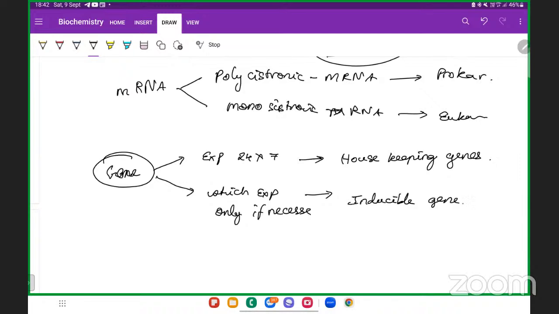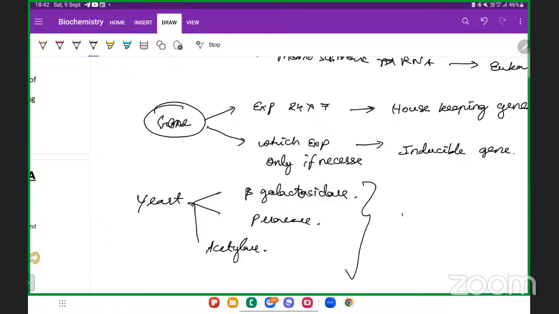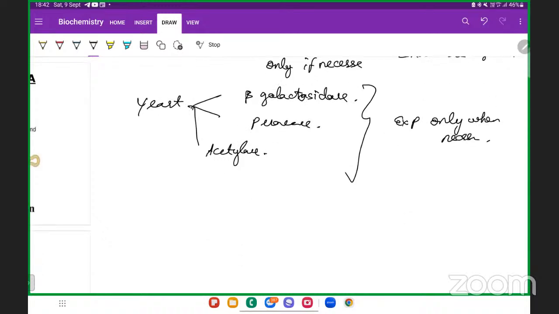For example, you have your yeast. In yeast there are three enzymes: beta galactosidase, permease and acetylase. These three genes will be expressing only when necessary, so they are called expressive or inducible genes. Now, when will the yeast act?